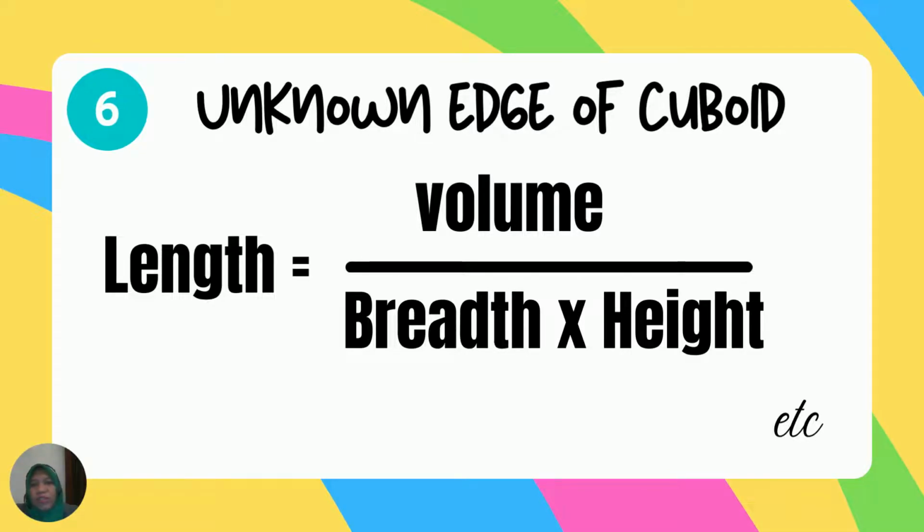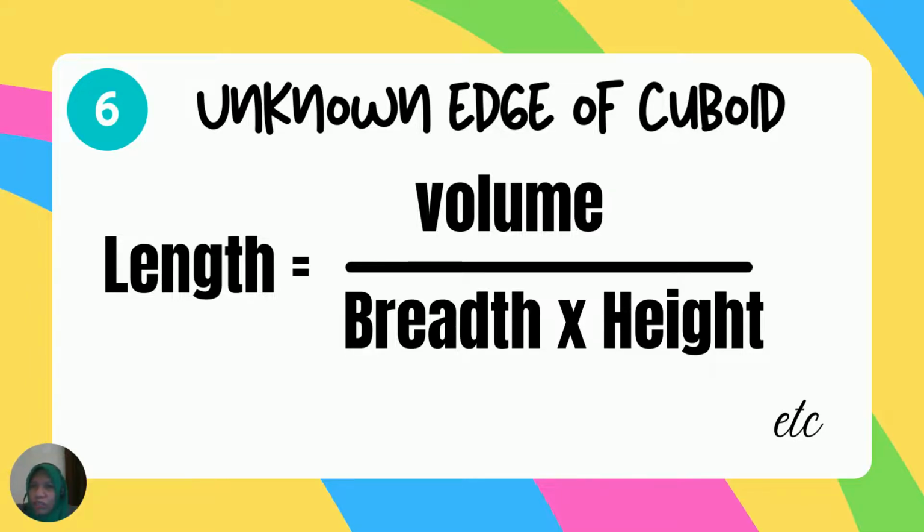How do you find the unknown edge of a cuboid? As you know, a cuboid has length, breadth, and height, right? When you want to find the length of the cuboid, you just have to divide the volume by the breadth times the height.